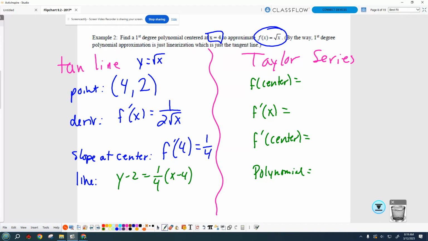To show you how, if you had to create a Taylor series, I need the function at the center. Well, f of 4 is 2, so still we needed that coordinate. I need the derivative, well, Stella already found that for us. I need the derivative at the center.